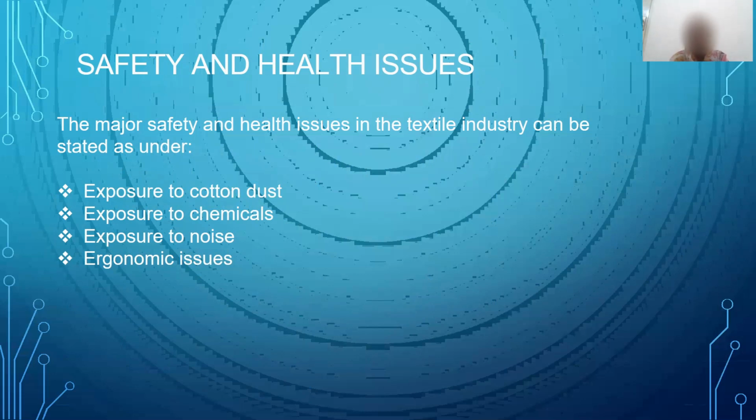And in order to reduce the exposure to dust, workers should be provided with masks, and there should also be proper ventilation at the place of work. So by following these suggestions, we can overcome these safety and health issues.